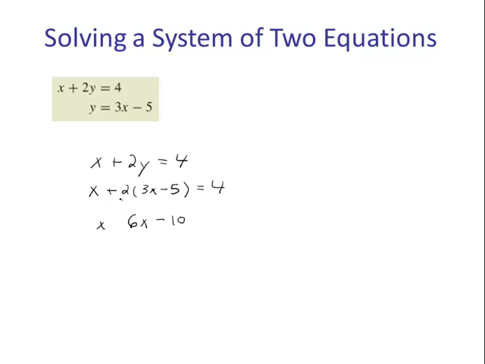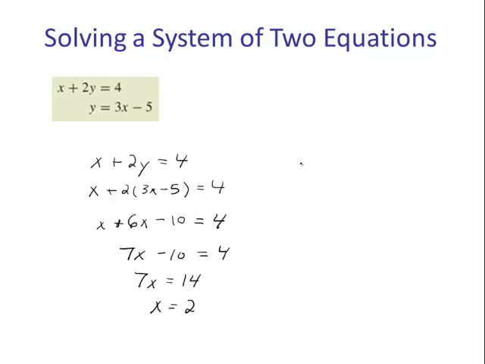Bring down our x. Bring down the equal sign. Bring down the 4. Combine like terms. This becomes 7x minus 10 equals 4. Add 10 to both sides. We have 7x equals 14. And dividing by 7, we see that x is equal to 2.